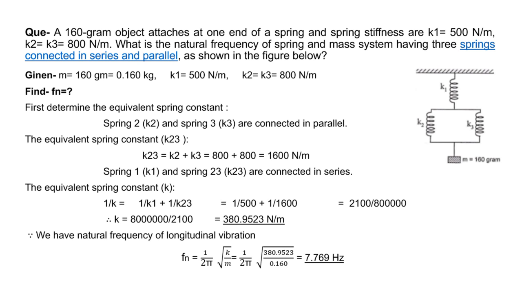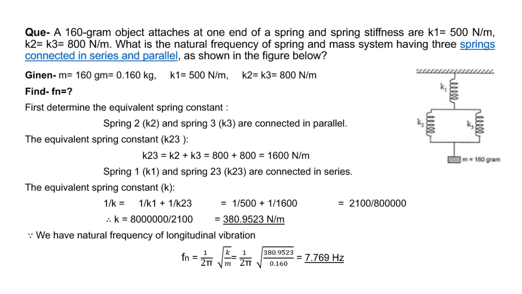A 160-gram object is attached at one end of a spring and spring stiffnesses are K1 is equal to 500 Newton per meter, K2 and K3 are equal and is equal to 800 Newton per meter. These are stiffnesses. What is the natural frequency of the spring and mass system having three springs connected in series and parallel as shown in the below figure?